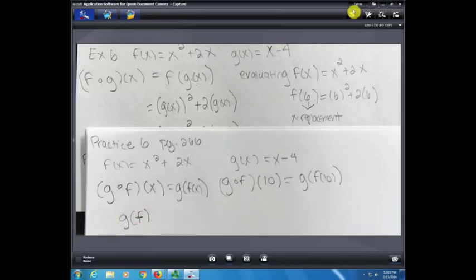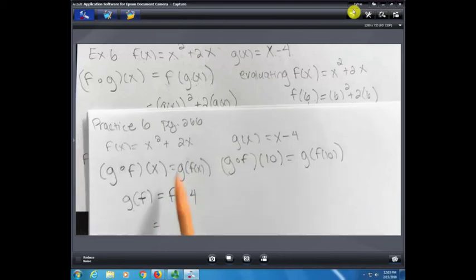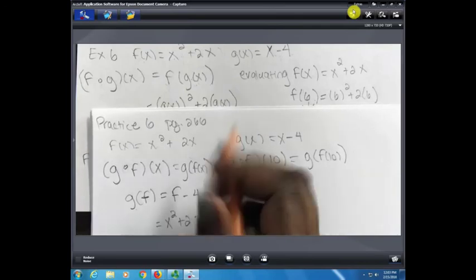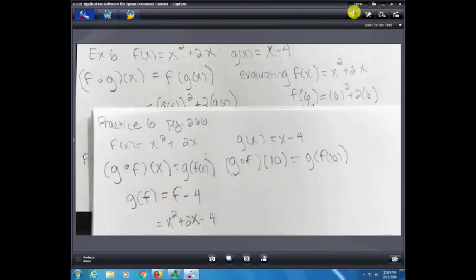This makes it a little bit more streamlined. So my g function, instead of x, I can do f minus 4. But my f is x squared plus 2x. So that's x squared plus 2x minus 4. So this may help you get it streamlined a little bit. Just call the functions f and g as opposed to f of x and g of x.